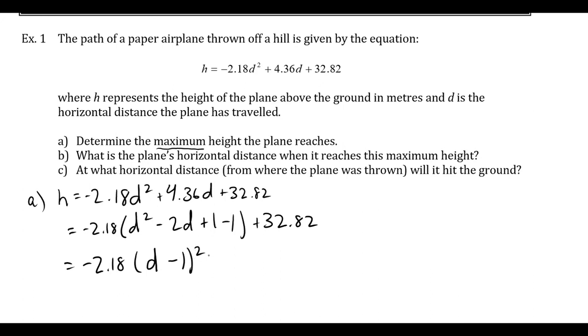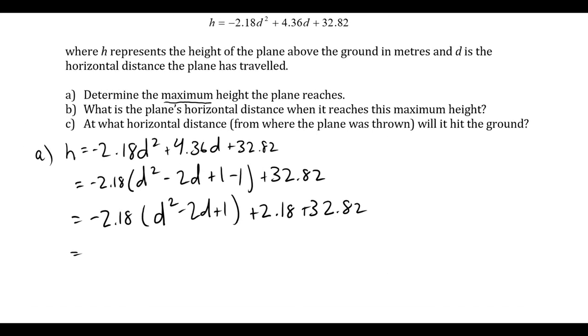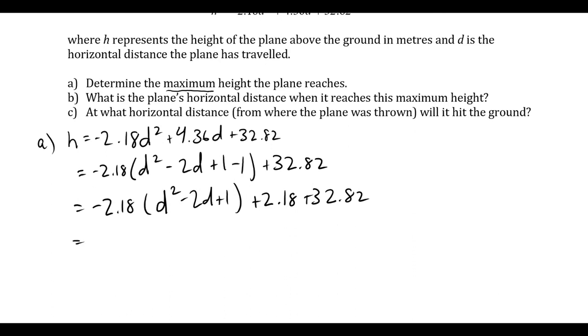Whoop, sorry, I'm skipping a step here. I'll go back. Do this properly. d squared minus 2d plus 1. And then negative 2.18 times negative 1 is plus 2.18 plus 32.82. Okay, and now I can finish this. Okay, so d minus 1 squared. And I do believe 2.18 plus 32.82 is going to give me a nice number of 35.